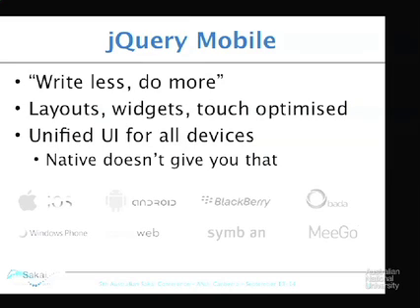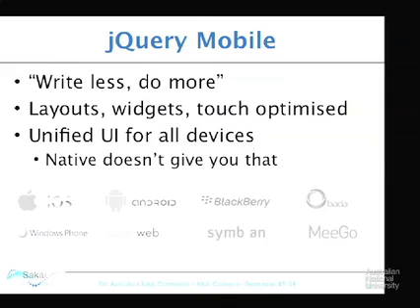jQuery Mobile extends that by providing layouts, in terms of CSS and HTML templates that you can use. Little widgets, so things like buttons and form items and, you know, the nav bar. So if you're on an iPhone, you've got the little back and forward buttons and the settings and the tabs down the bottom and stuff like that.